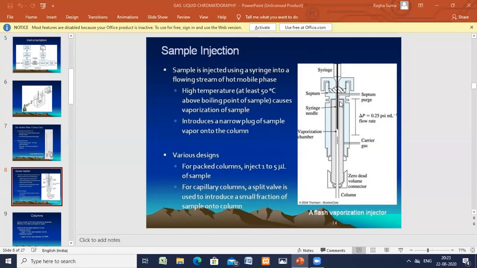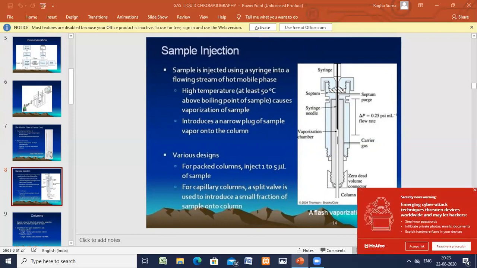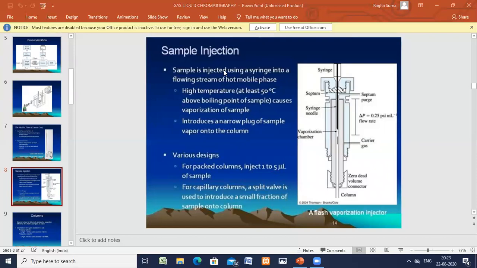You have the septum, and a sample is injected through the syringe into the flow stream of the hot mobile phase. The temperature is at least 50 degrees above the boiling point of the sample. It causes the vaporization of the sample as it is injected.